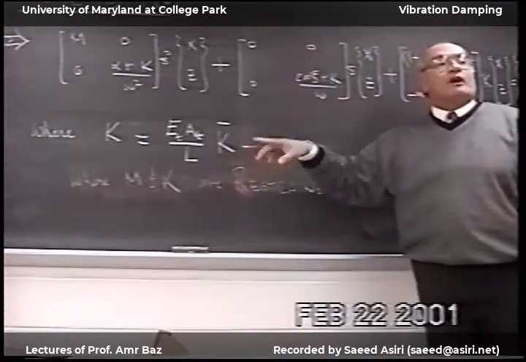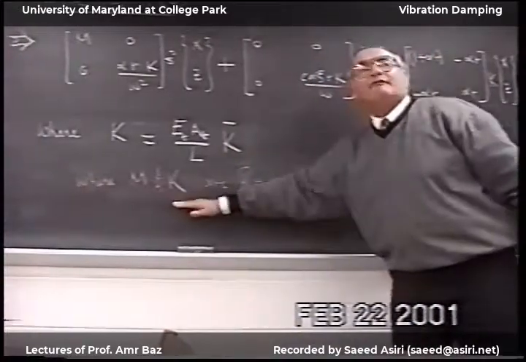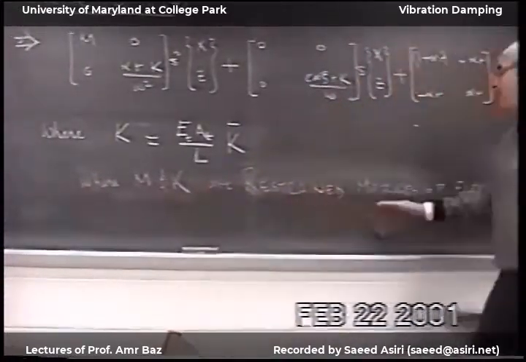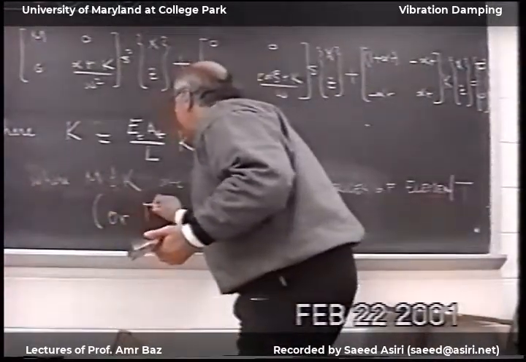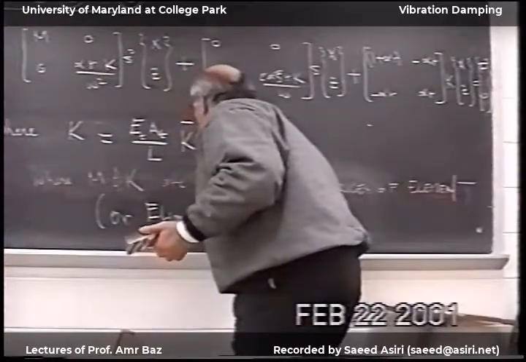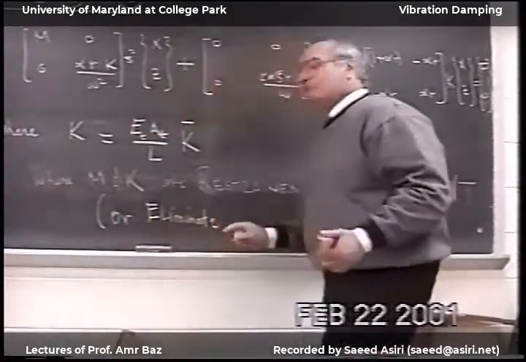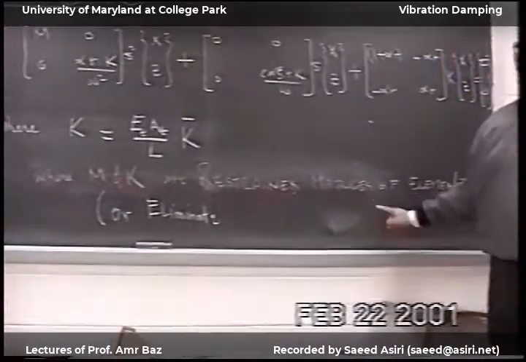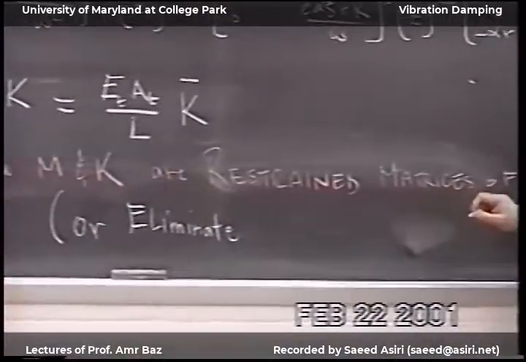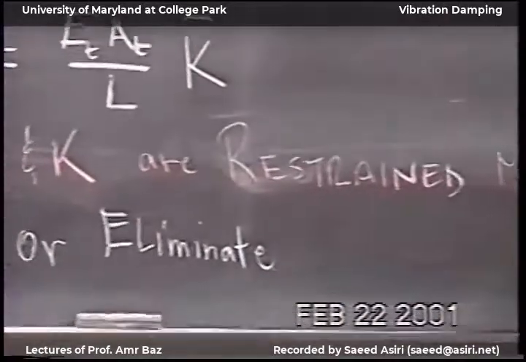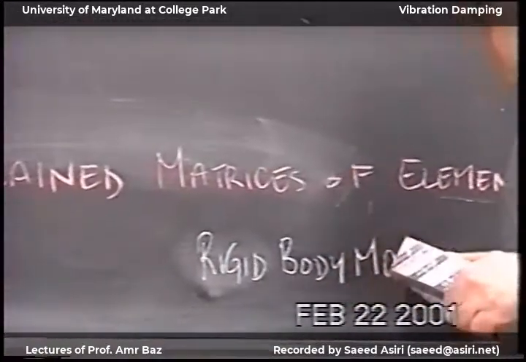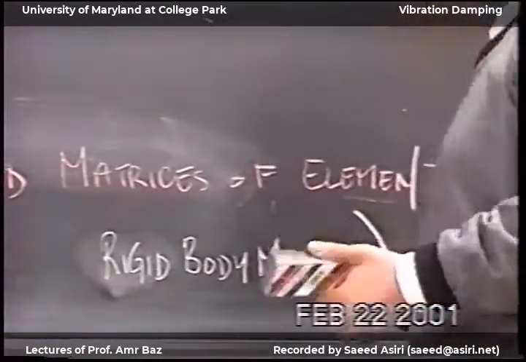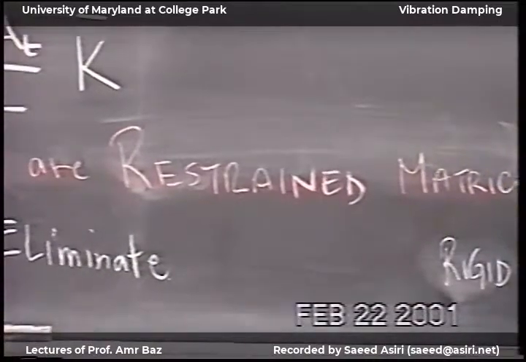So, for us on the ground, I have to restrain the structure. This is equivalent to eliminating the rigid body modes from the matrices, using, for example, static condensation or Gaussian reduction.